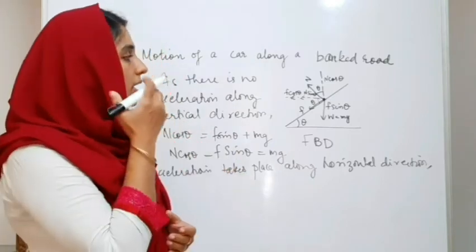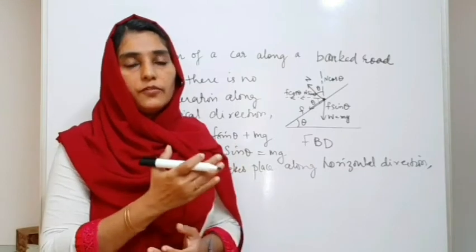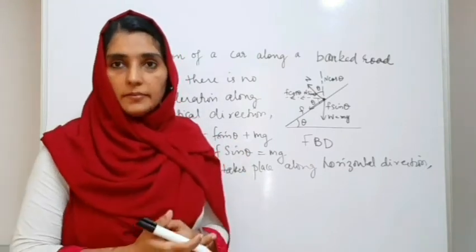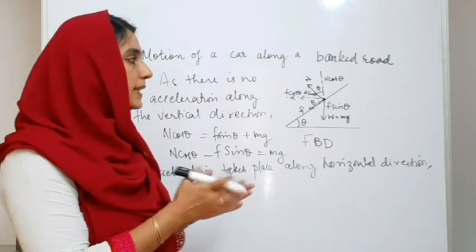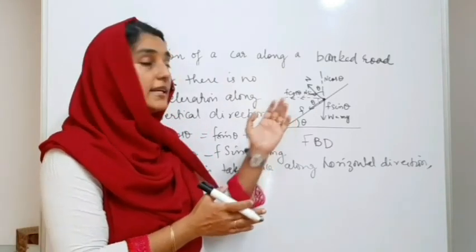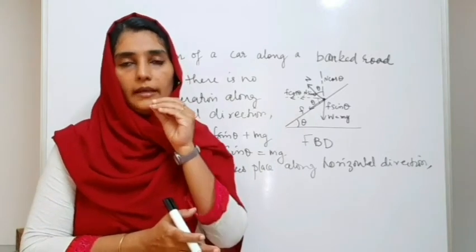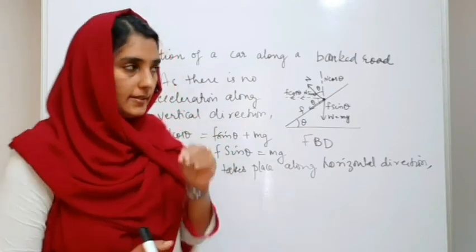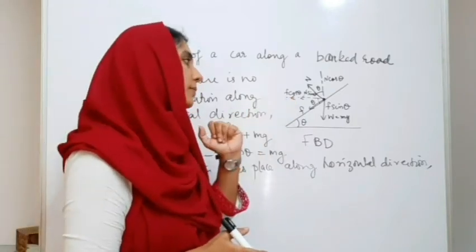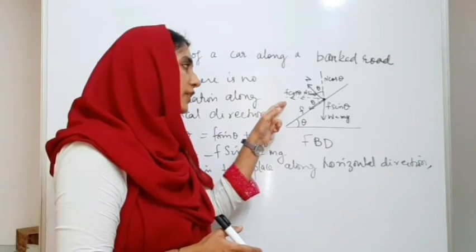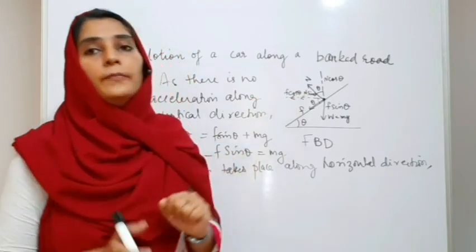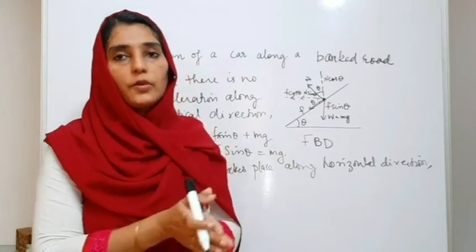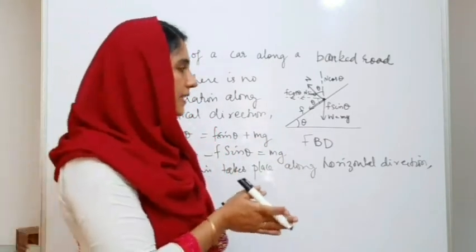Here the necessary centripetal force for the car to be in that circular path is provided by the frictional force. But in the case of a leveled circular road, it was only the frictional force acting between the road and the tires. In this case, there is an additional component. The component of frictional force as well as the component of normal reaction add on, and together they support each other to provide the necessary centripetal force.